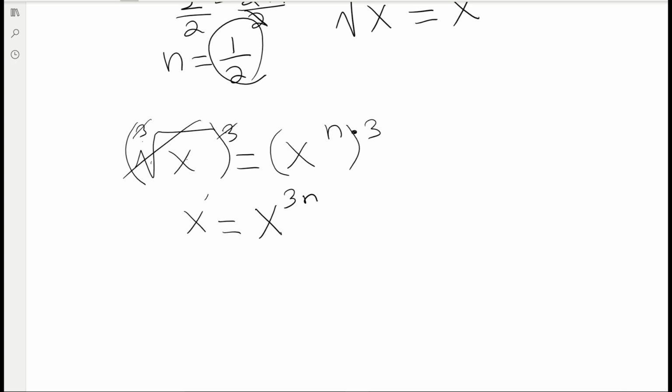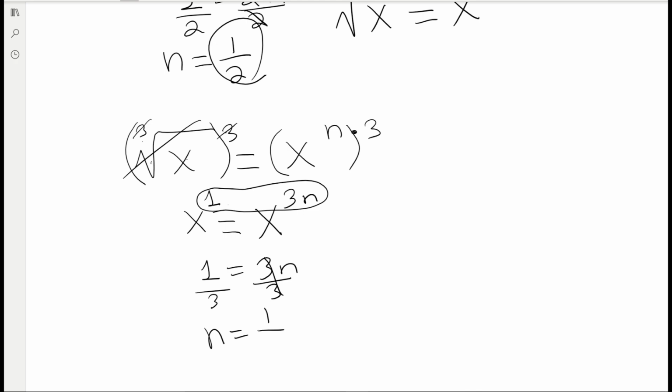And so now we got an invisible 1 here. So we can say that the exponents have to be equal to each other. So we know that 1 has to equal 3n. We divide by 3 on both sides. And we get that n is 1/3. Which means that the cube root of x is equal to x to the 1/3.